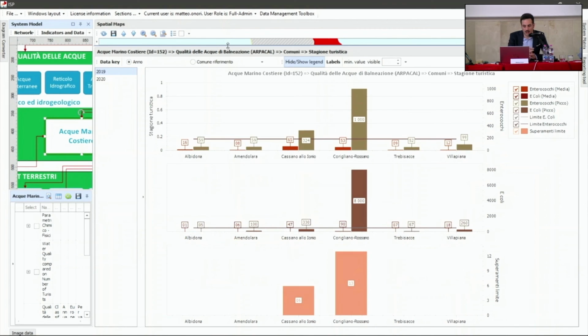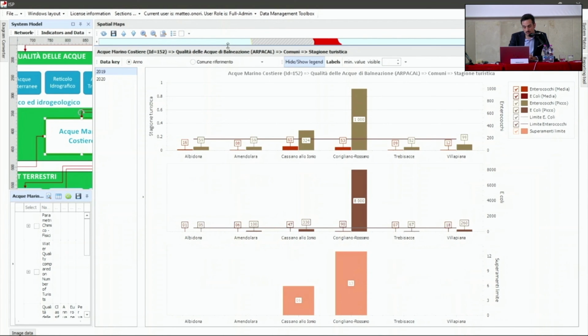Okay, I have selected higher detail quality data, the same data but with a higher detail from ARPACAL, which we collected from official reports. From the graph, you can see that in the top there are annual means for Enterococcus, and in the middle for E. coli, that are under the limits, not by much, but under the limits, while the peaks for the summer periods are higher than the limits.